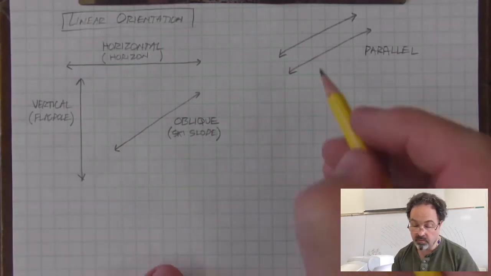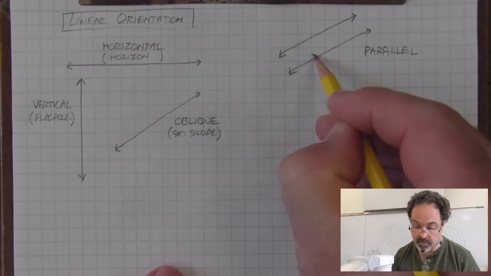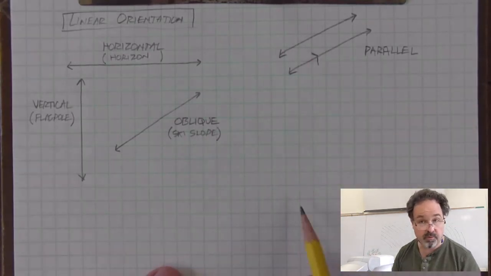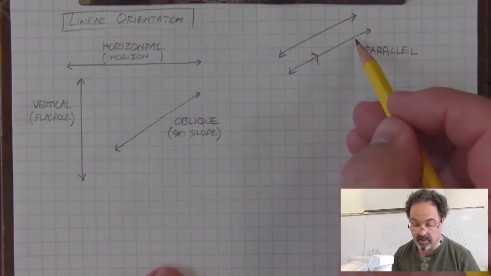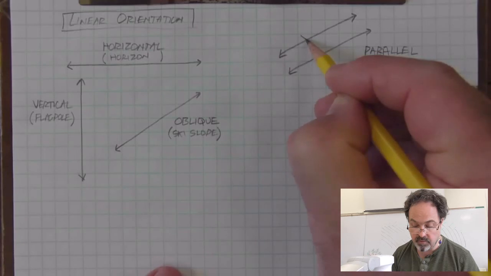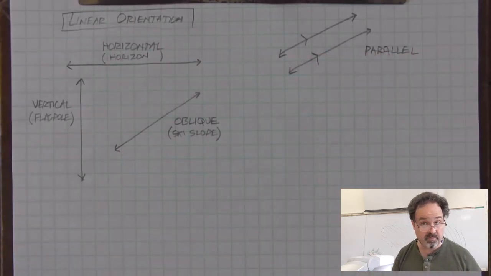We have a symbol to mean parallel. If I put an arrowhead symbol, called a chevron, on a line and put the same number of chevrons on another line, then that is notation to say that those two lines are parallel to each other.